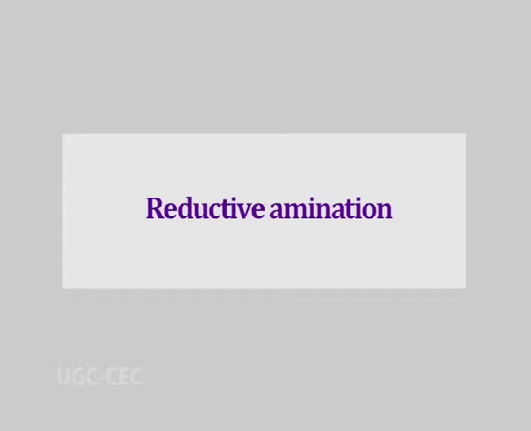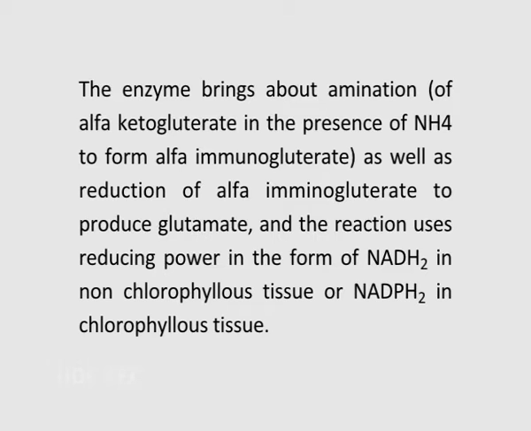First, let us see reductive amination. In this pathway, alpha-ketoglutarate acts as an acceptor of amino group to synthesize glutamate, catalyzed by the enzyme glutamate dehydrogenase. The enzyme brings about amination of alpha-ketoglutarate in the presence of ammonium to form alpha-iminoglutarate, as well as reduction of alpha-iminoglutarate to produce glutamate.